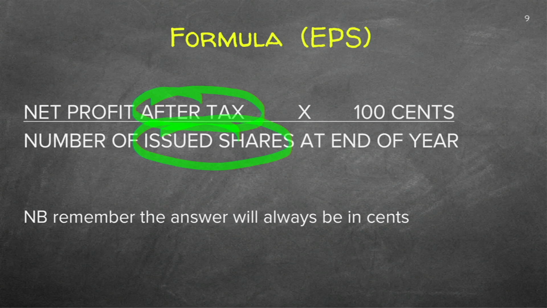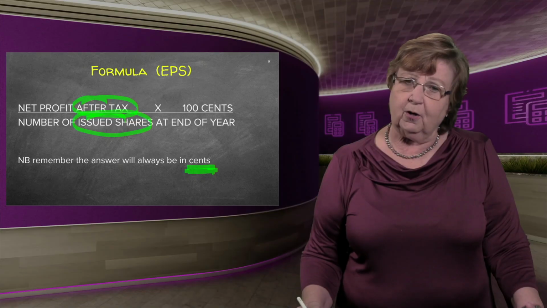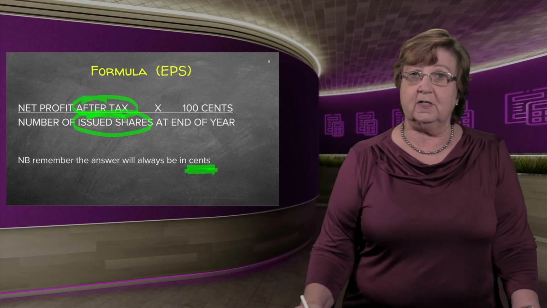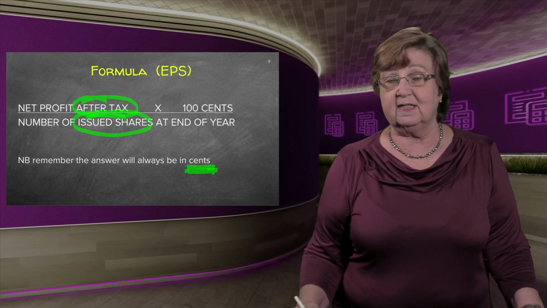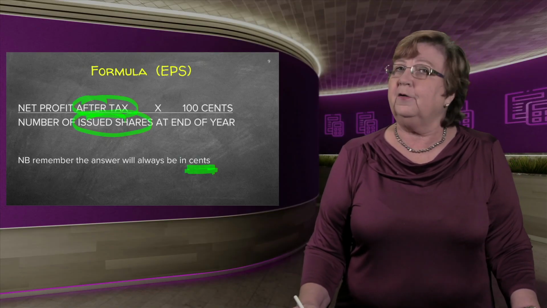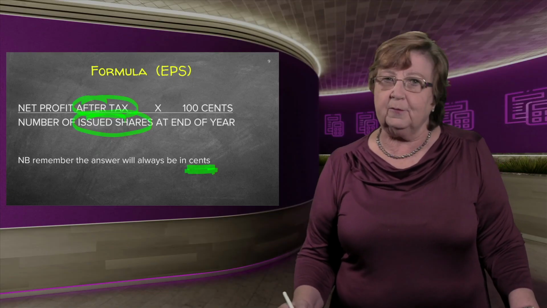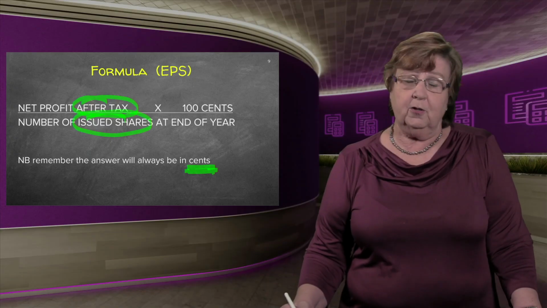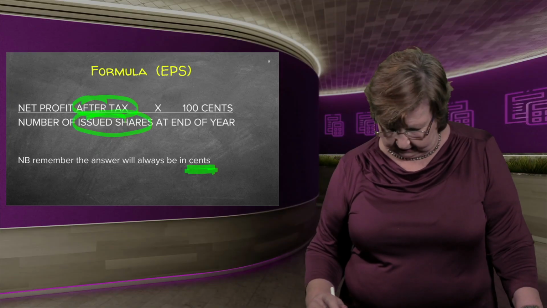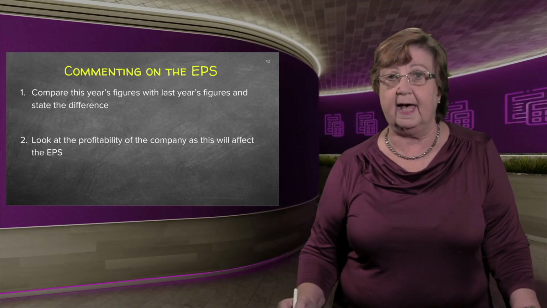And so what you need to remember is that your answer will always be in cents. So you can either quote your answer, but you must write the word cents after your answer, or alternatively, you can write it as a rand value. So if your answer was 150 cents, you would write 150 and the word cents. Alternatively, you could convert that to 1 rand 50, and both would be acceptable in a test or an exam.